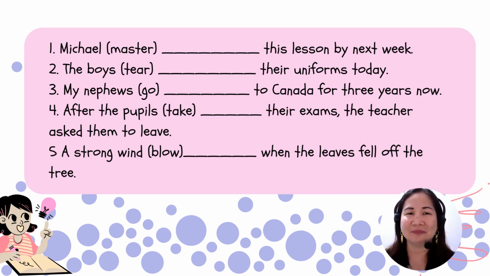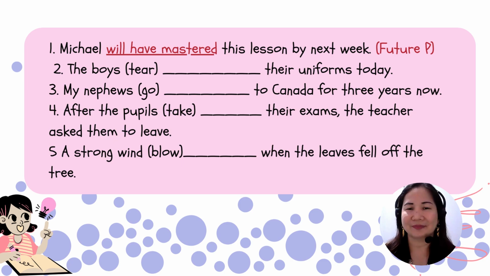You need to identify first the time signal, the clue words. Our clue word is by next week. This is in the future, that's why it is the future perfect tense, and our verb should be will have mastered. Let's read again: Michael will have mastered this lesson by next week.